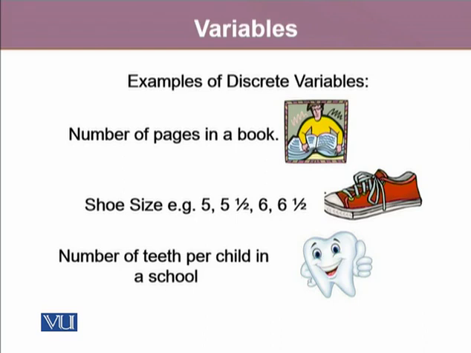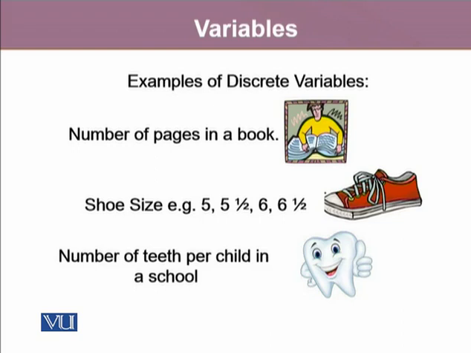Shoe size. It could be 5, 5.5, 6, 6.5. There's a perception that any variable that cannot take decimal values is a discrete variable, but I personally think this is not the way it is. Discrete variables can take values at certain decimal points, but the idea is that they do not take any other value in between, like in the case of shoe sizes, where 5 and 5.5 are the standard values.